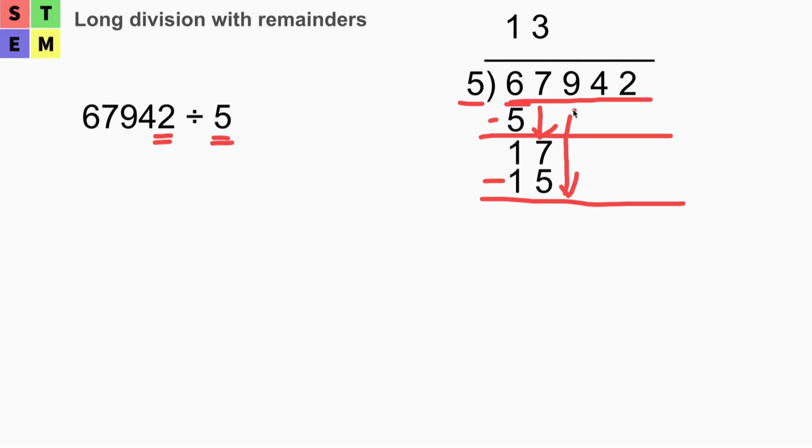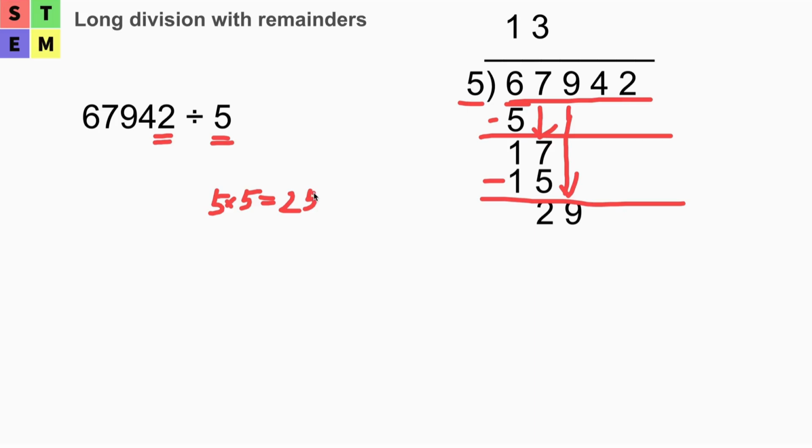Okay, so the line is not very straight. But 9 goes down, so 29 there we'll have. So how many 5s go into 29? We already know 5 times 5 equals 25.